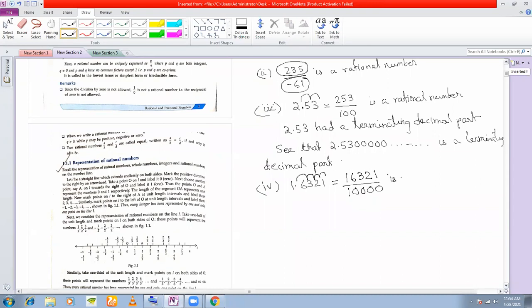This is a fraction, right? So what do you see? That this number 1.6321 is the same as 1.63210000 and so on, isn't it? It has a terminating decimal part.